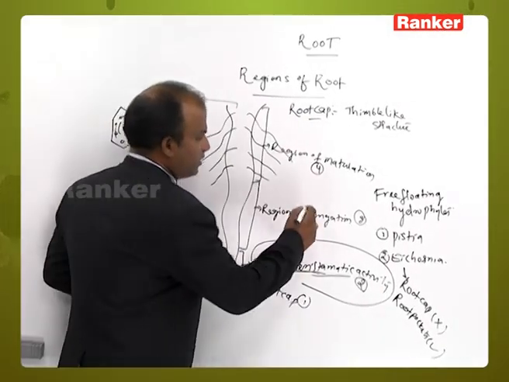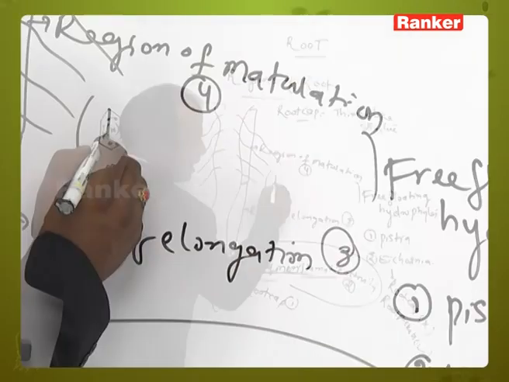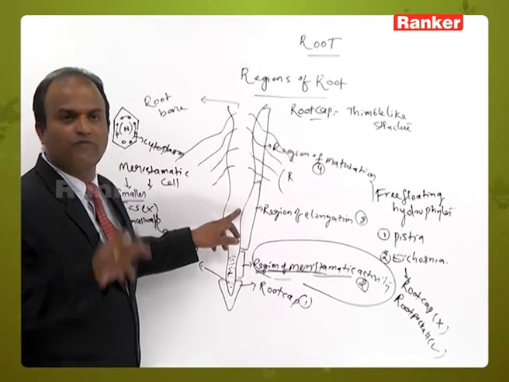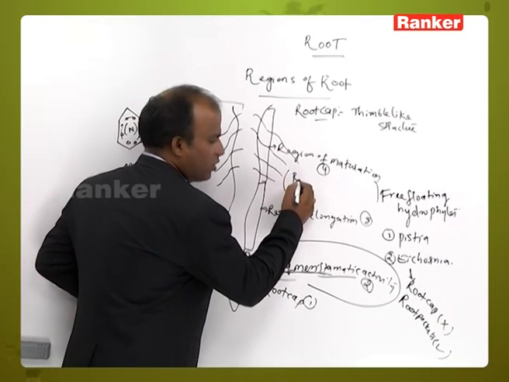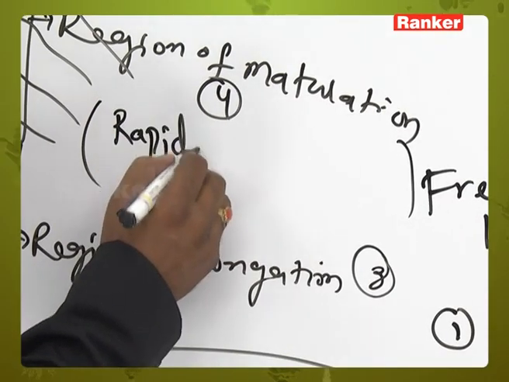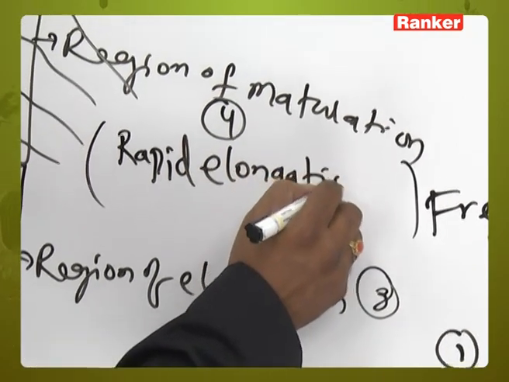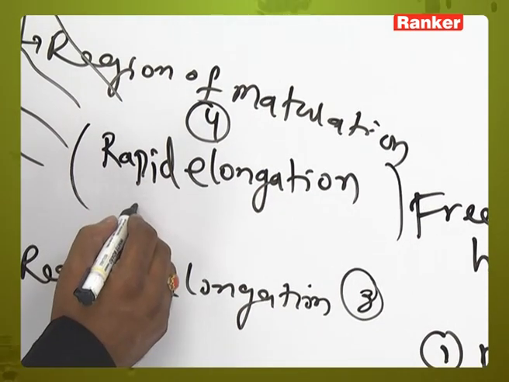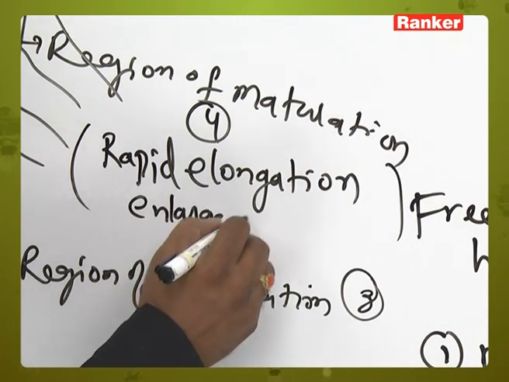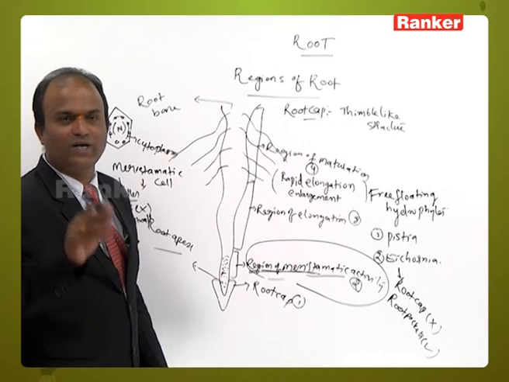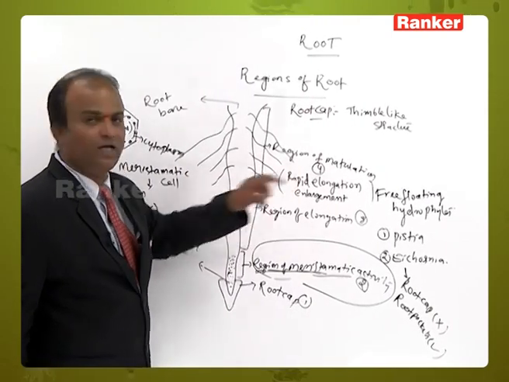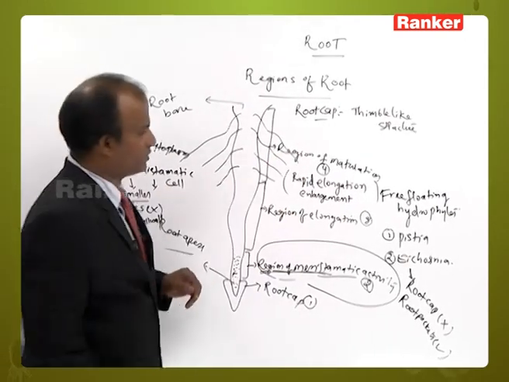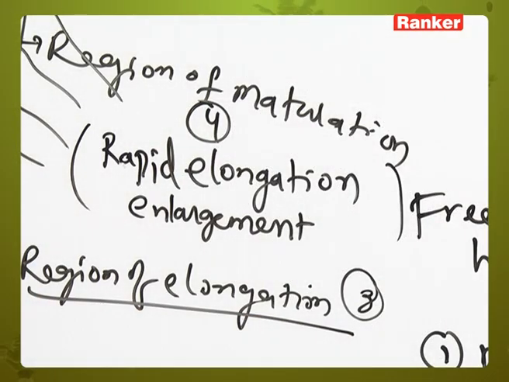The cells from the meristematic activity region are added towards the region of elongation, where they undergo rapid elongation and enlargement, due to which the root grows more in length.